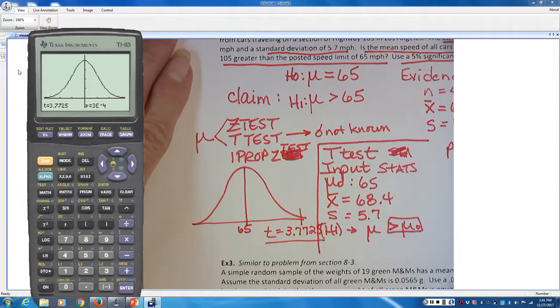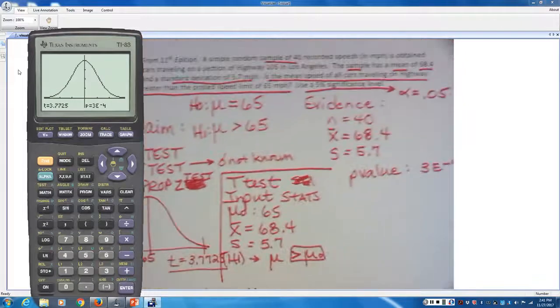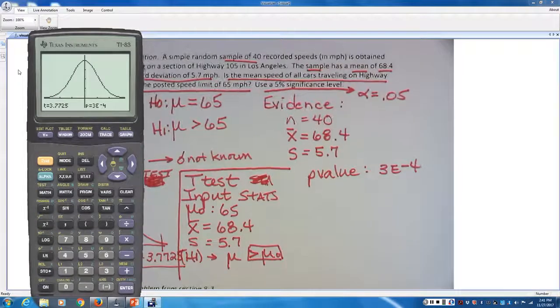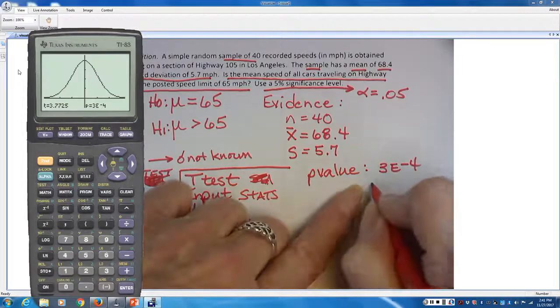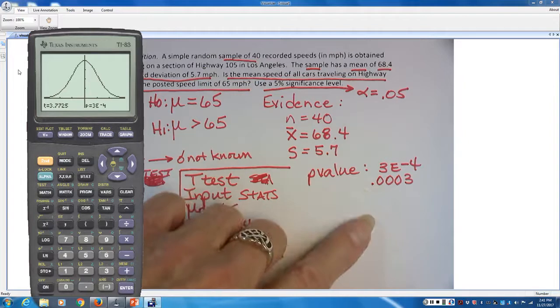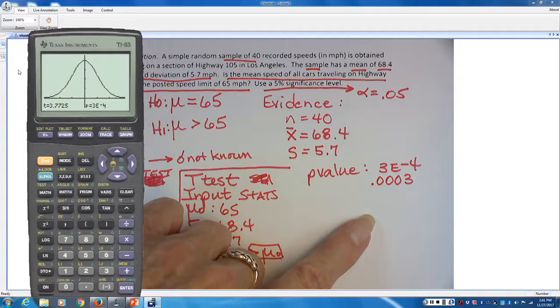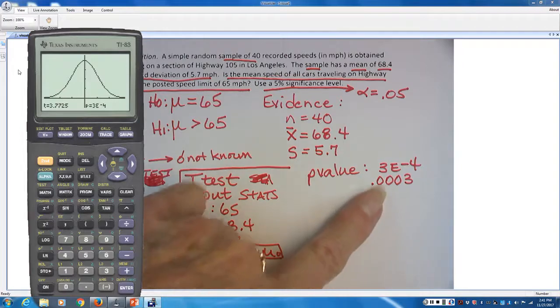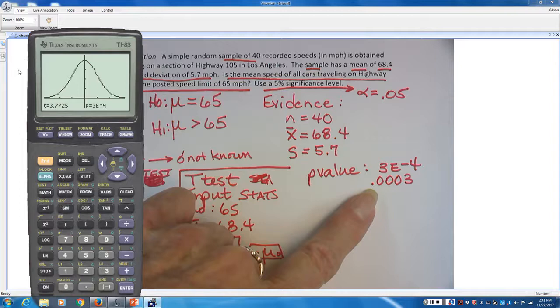And be very careful how you interpret that p-value. 0.0003. That's a very low probability of being wrong if we reject H0. The 4 means you move it 4 decimal places to the left.